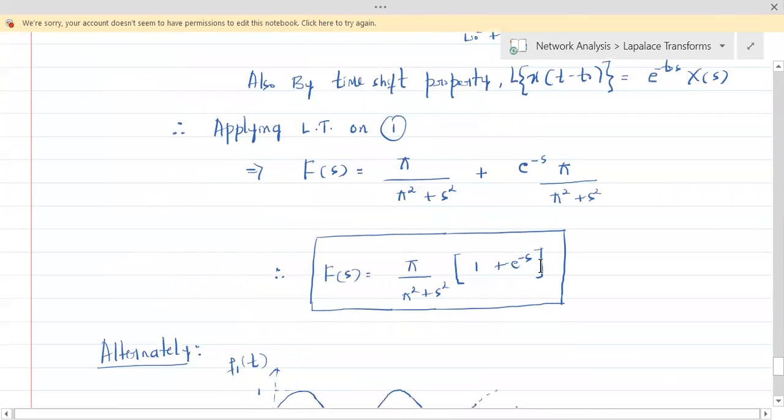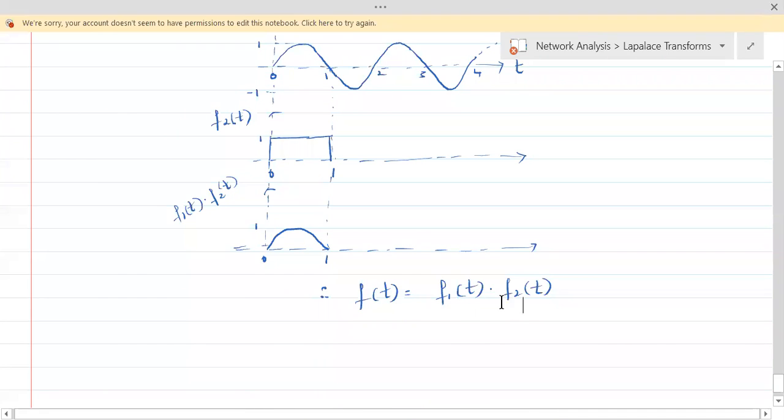But here, with the f2 of t considered, we need to multiply the two signals to get the given f of t. So what is f1 of t? As you have seen in method 1, f1 of t is sine pi t. What is f2 of t? F2 of t is a rectangular function, and we know a rectangular function can be constructed using the unit step functions.